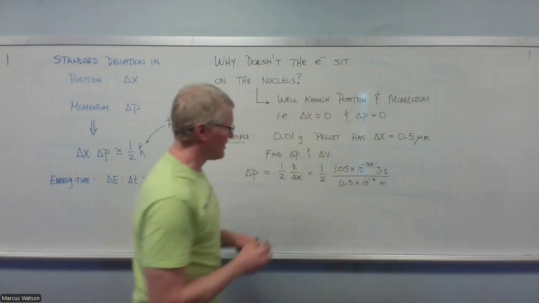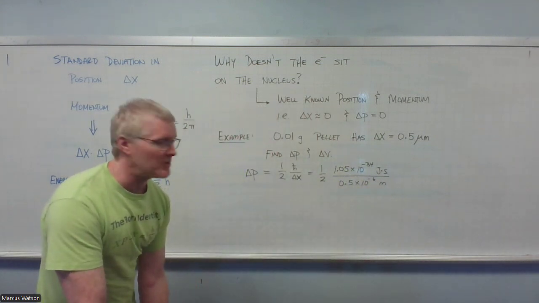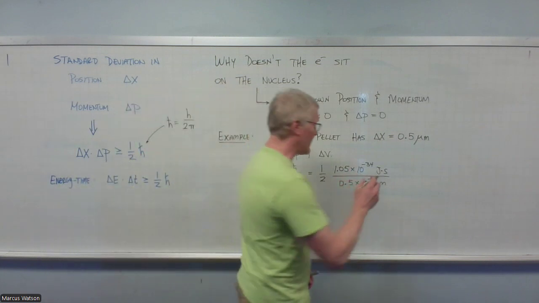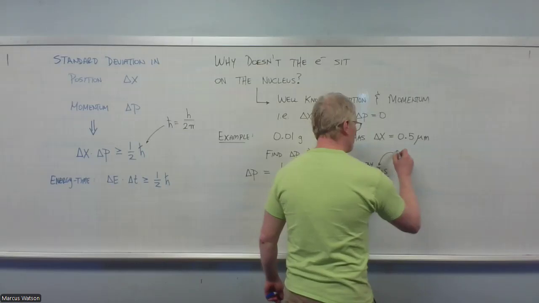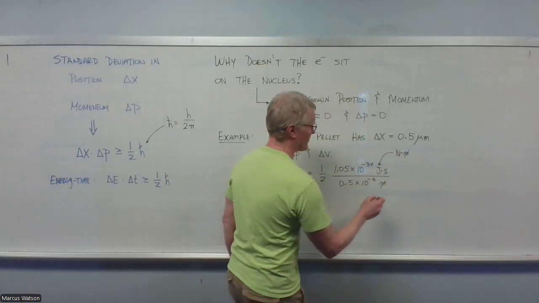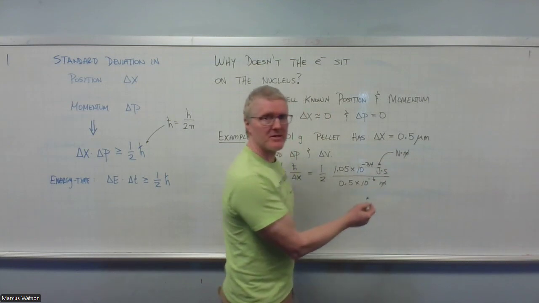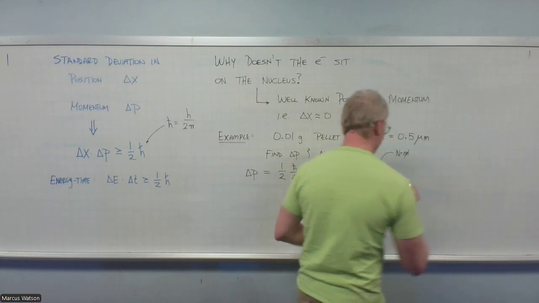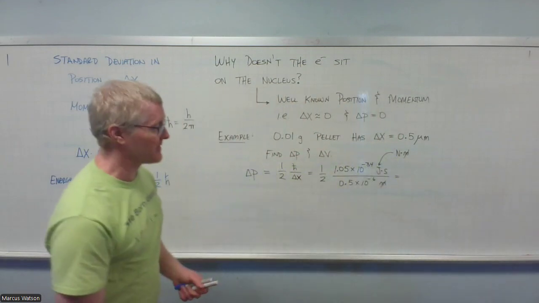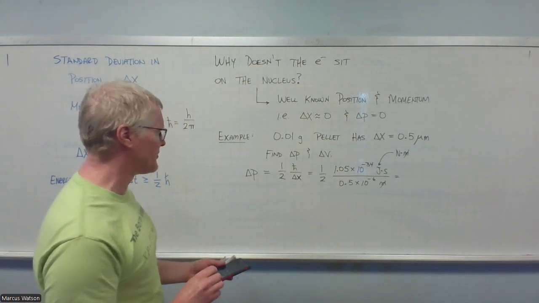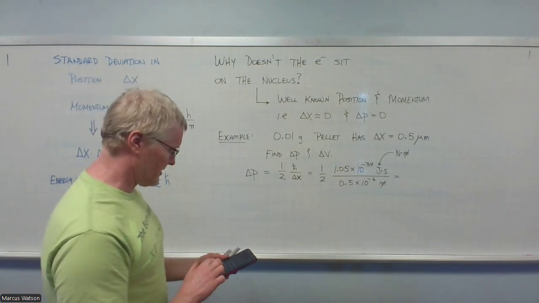All right, so let's do a quick examination of the units here. Is this going to work out? Well, remember, we did this last time. A joule is a Newton meter, so I can drop those meters off. That leaves me with Newton seconds, which comes to kilogram meters per second. So that should work out. So I'm going to do, let's see, 1.05.